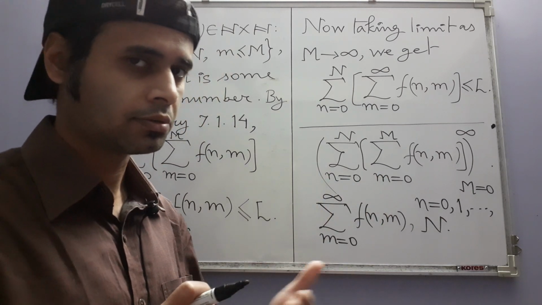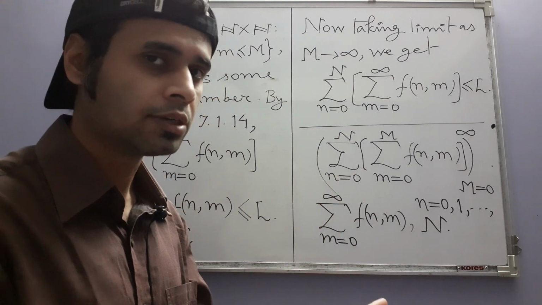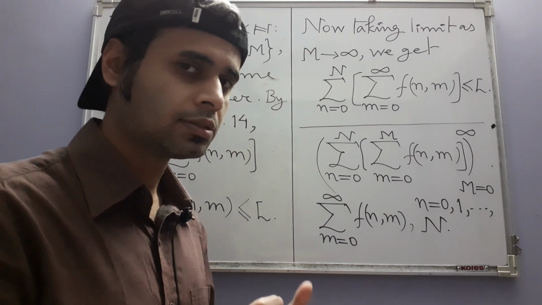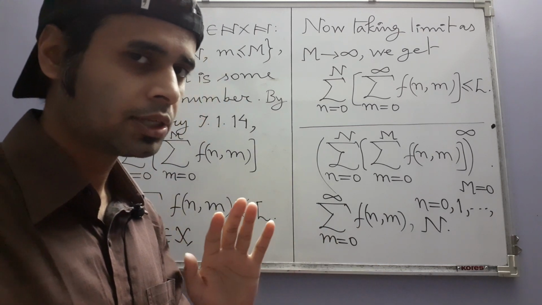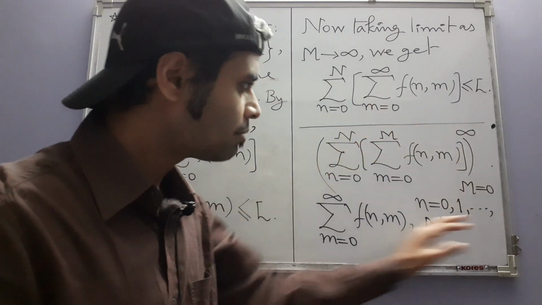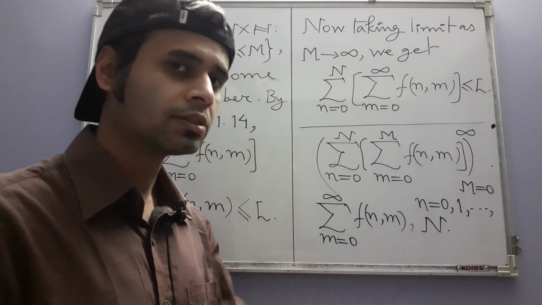Because when you take the sum of those sequences of partial sums, you are going to get a sequence. It is that sequence. And each sequence of partial sums is convergent, converges to something that is less than or equal to L. So this sum is also convergent because it's a sum of convergent sequences.